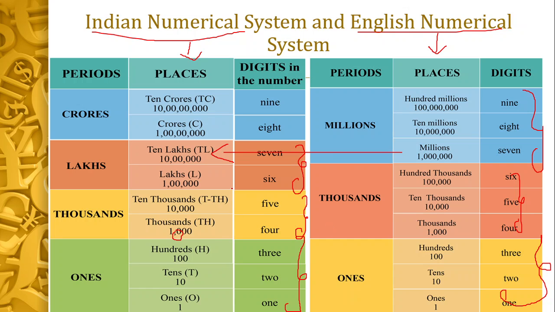So remember one thing, 1 million is equal to 10 lakh, and in English numerical system you will have million, 10 million and 100 million. After 10 lakh in Indian numerical system comes crores and 10 crores. This is the simple thing we all know, but we all do get confused. So if you know this simple 9 digits, it would be very much helpful in all your practical papers.